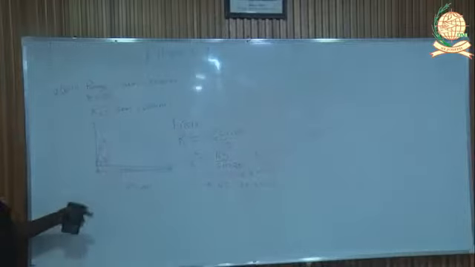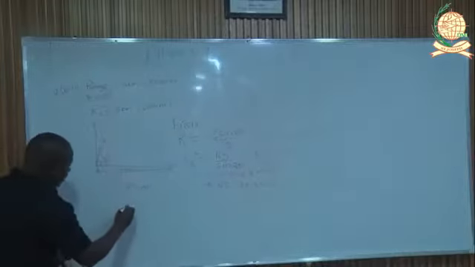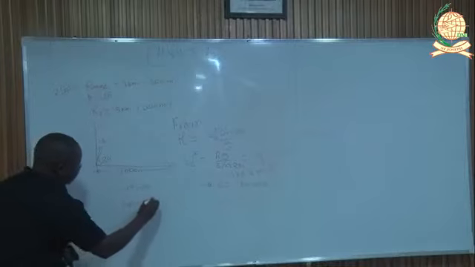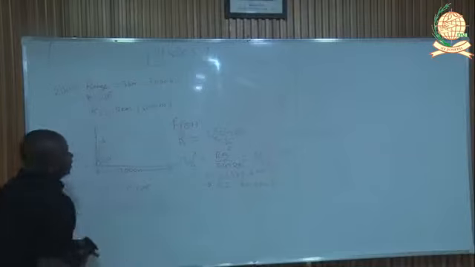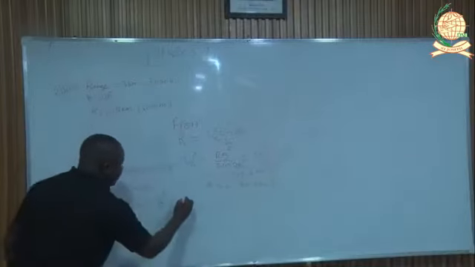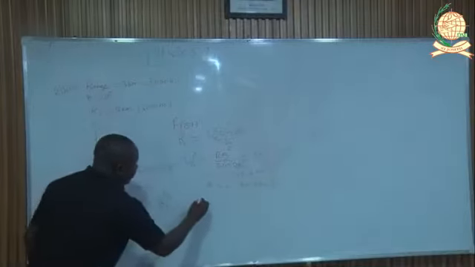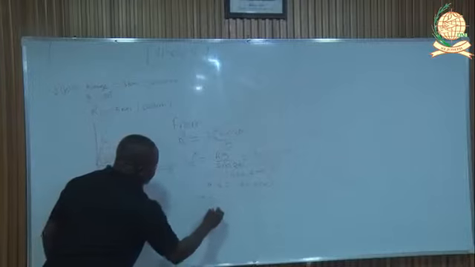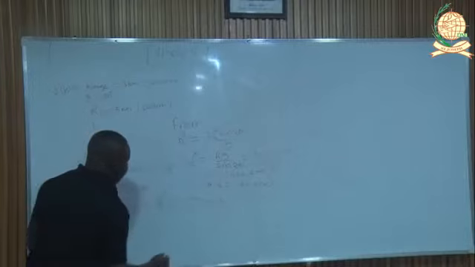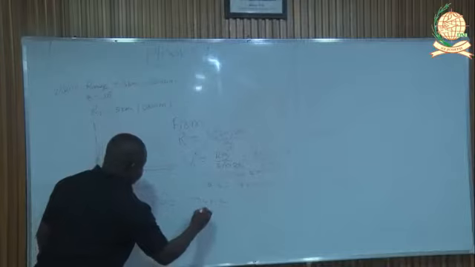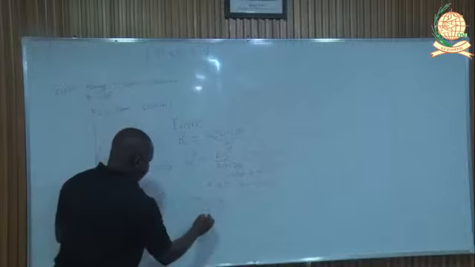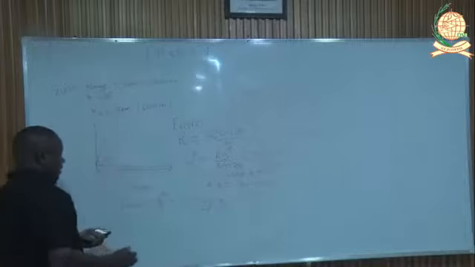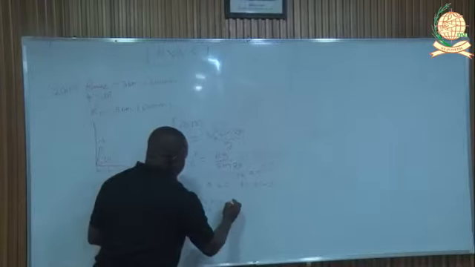Then the maximum range, R max, equals v naught square over g, that is 948.2 almost, divided by g, g being 9.8 meters per second square.